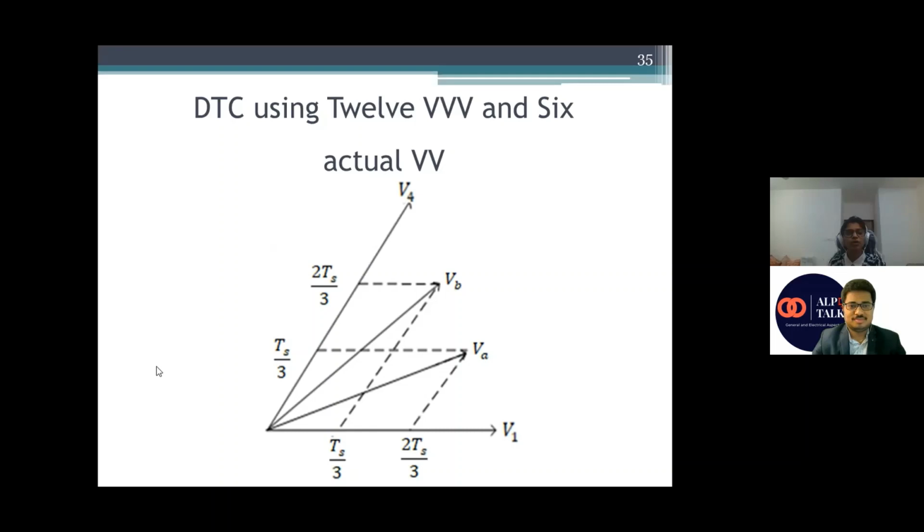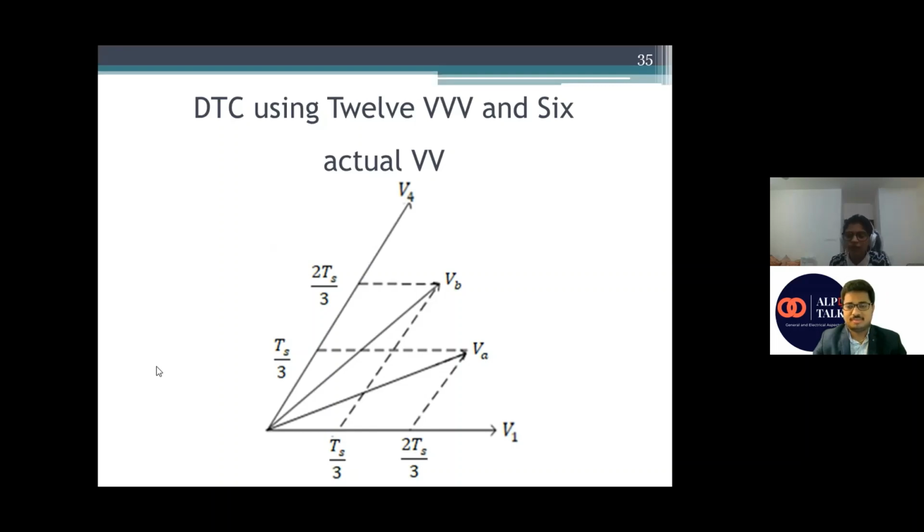Now we'll see a larger number of voltage vectors, like 18 vectors: 12 virtual voltage vectors and 6 actual voltage vectors. I'll explain the algorithm for making the virtual voltage vectors. When I apply an active voltage vector, say V4 or V2, using classical DTC, for 2 TS by 3 and TS by 3 time periods, and also TS by 2 and TS by 3, then I get two virtual vectors, VA and VB.